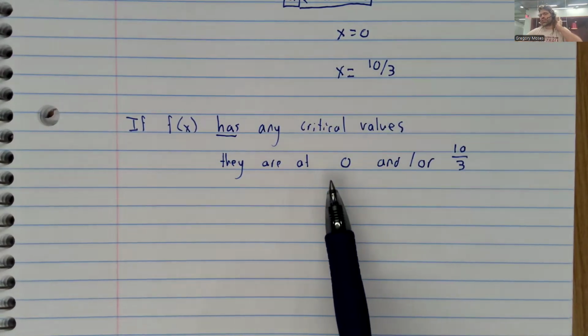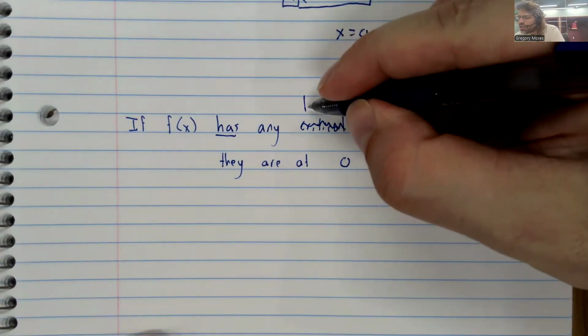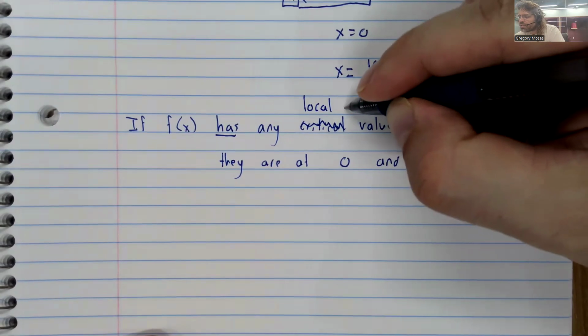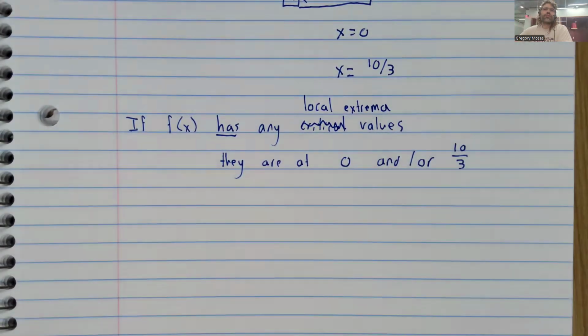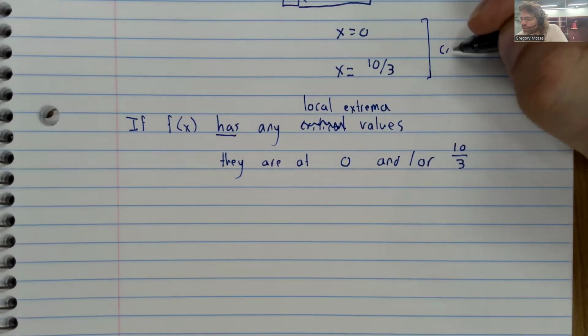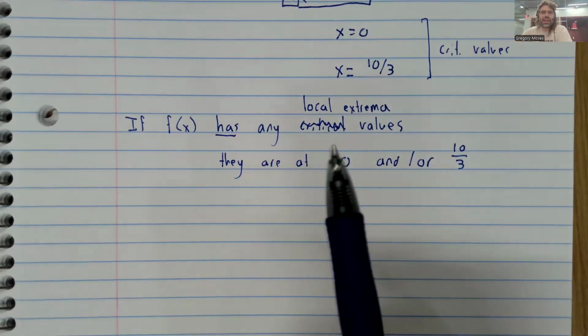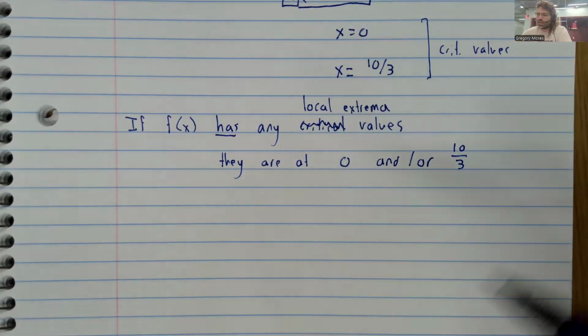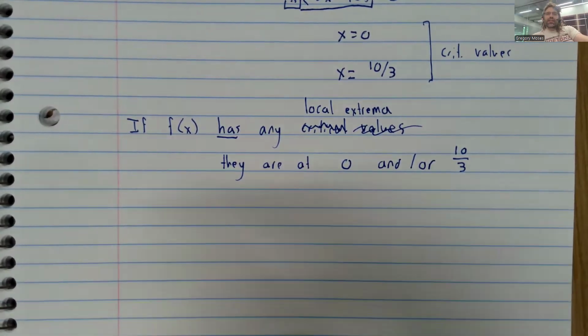Any local extrema. If f definitely has critical values, we just found them. But if it has any local extrema, they are at 0 and or 10 thirds. So we're like 9/10 of the way there.